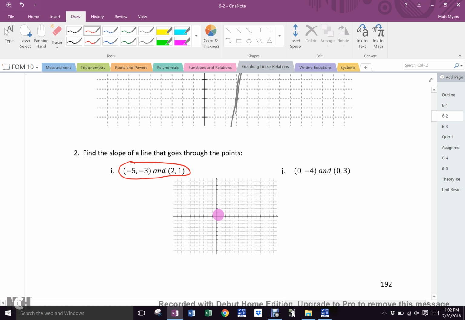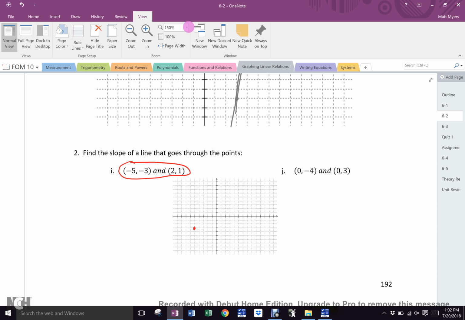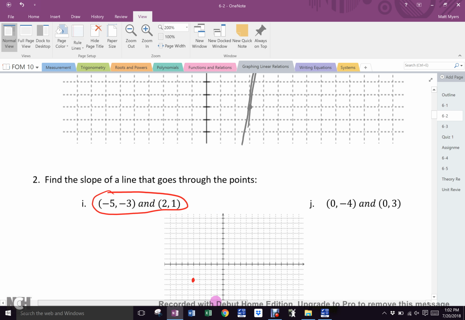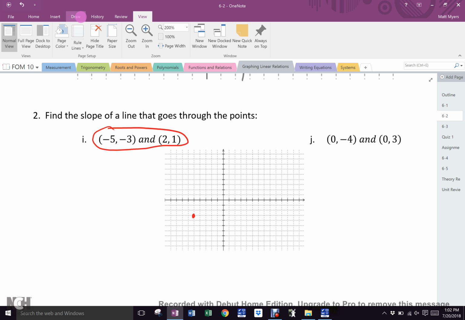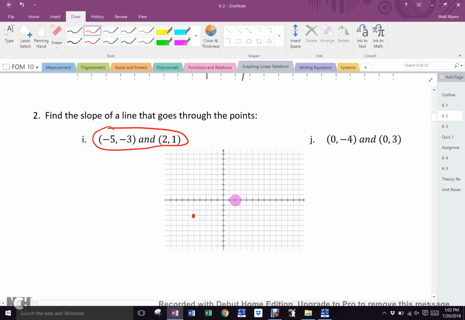Of course, you all know how to read this because you've been through grade 9 and you know how to play Battleship. -5, -3. I'm going to zoom in on this because it's a little tough to see because the graph is tiny. And the other dot is at 2, 1.